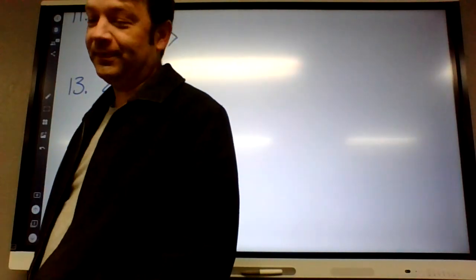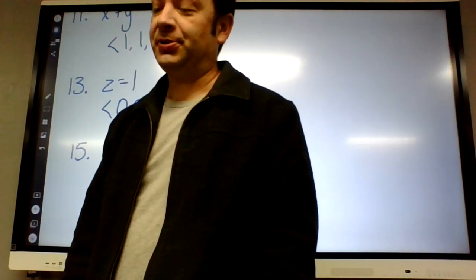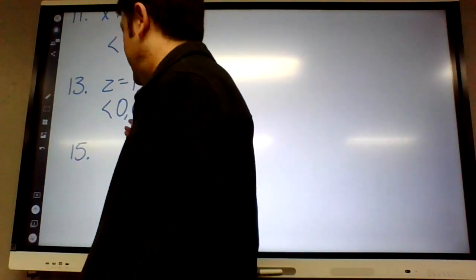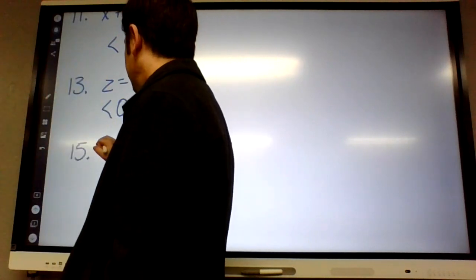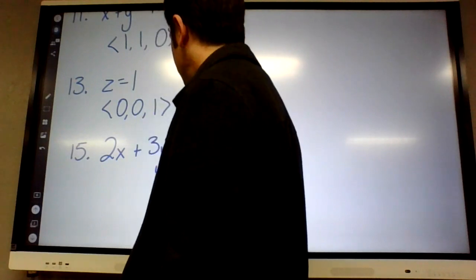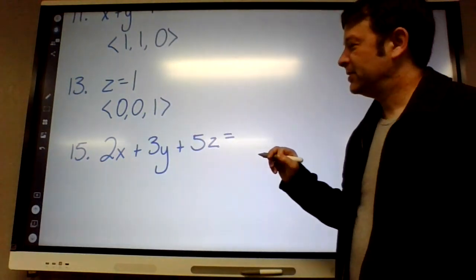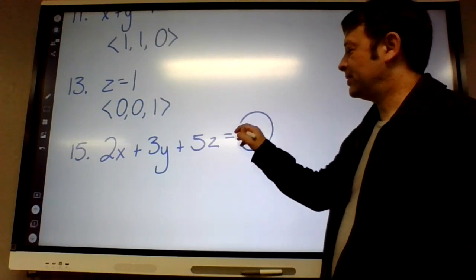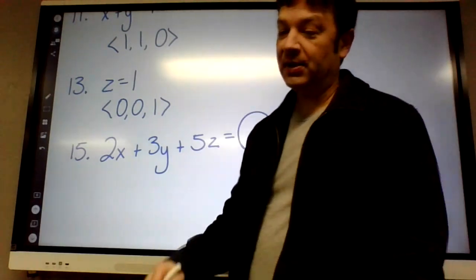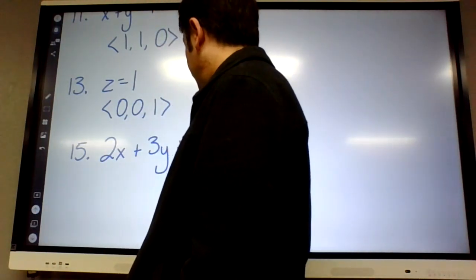Okay, 15, we have to write our own equation. It says vector is 2, 3, 5, so guess what? The vector that's perpendicular to our plane is 2, 3, 5, so it's 2x plus 3y plus 5z equals something. How do we find this number? Well, it says there's a point on the plane at 3, 1, 7.